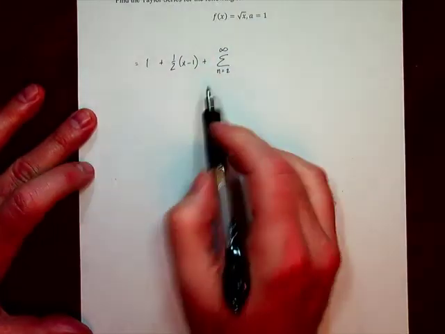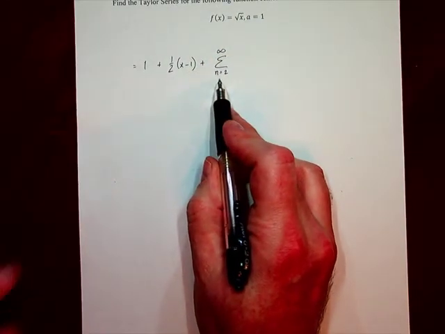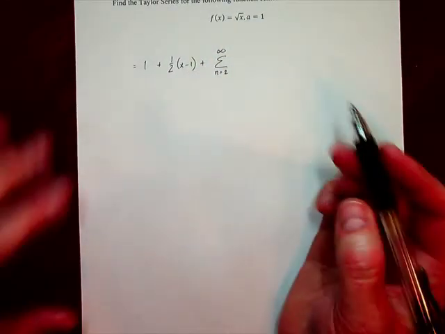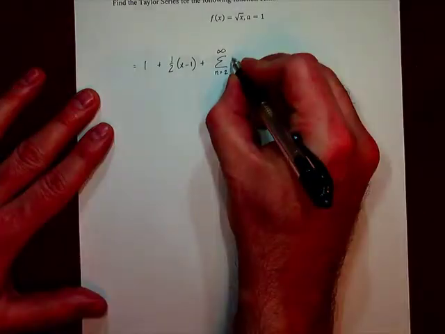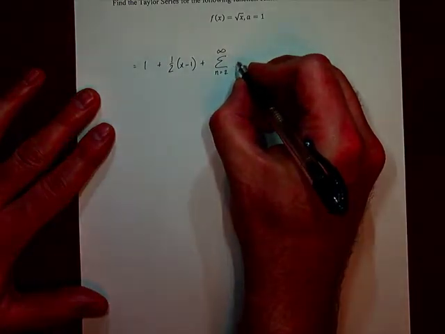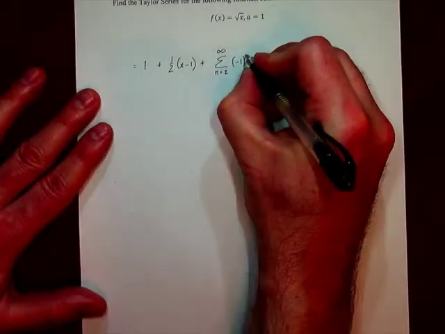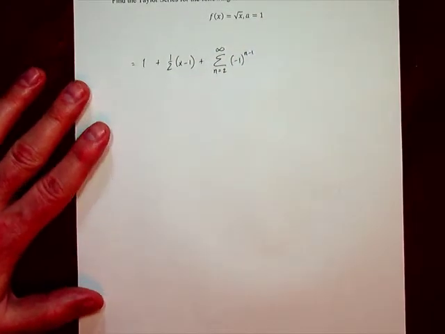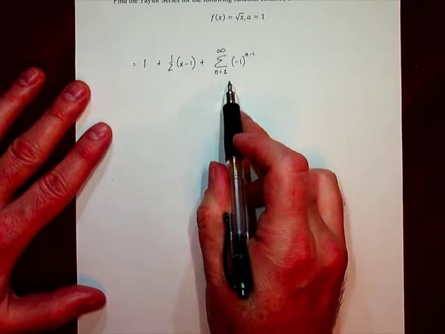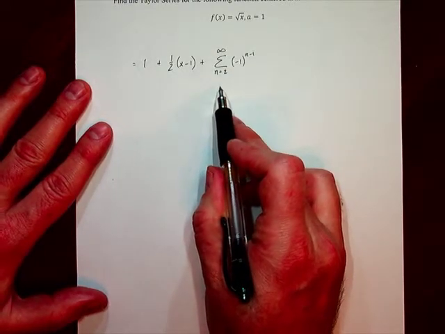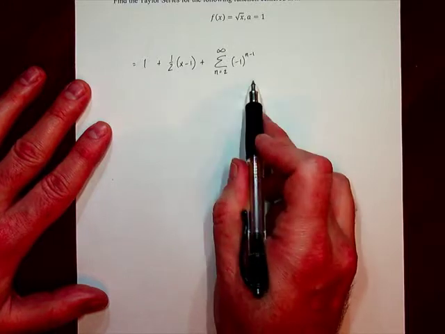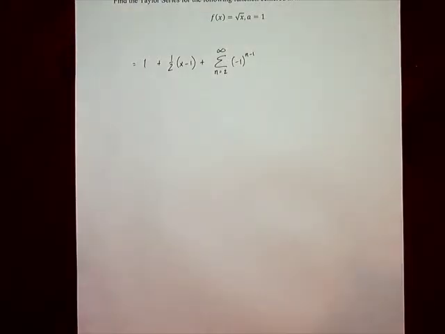And we're going to have to tweak the n expressions a little bit in order to make sure that they fit. But this next term, of course, is going to be negative. So we need this to be -1 to the n minus 1. So that means that the first term generated by this sigma is going to be negative. The second term is going to be positive, third term negative, and so on and so forth.